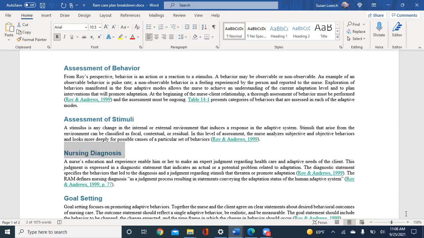Now, contextual is anything that could contribute to that focal stimulus. As far as the pain, what contributes to that pain? Well, she's got a broken hip, that contributes to it. She's immobile, she's not able to transfer herself. So maybe if she can reposition and transfer herself, that could be a part of it.